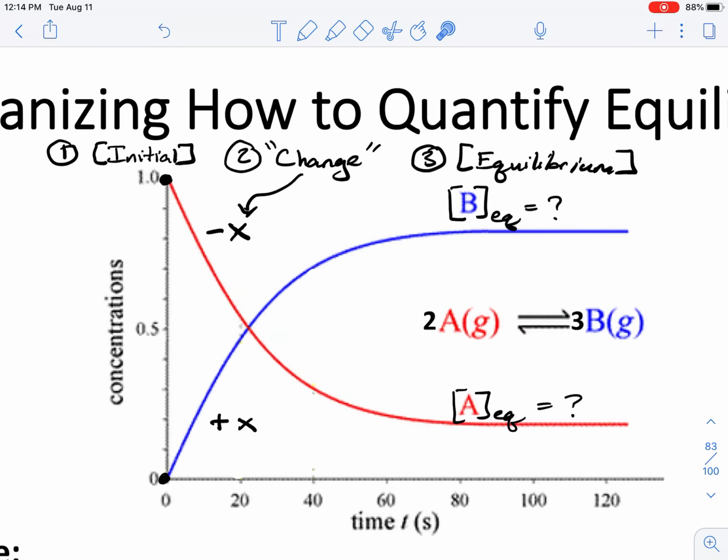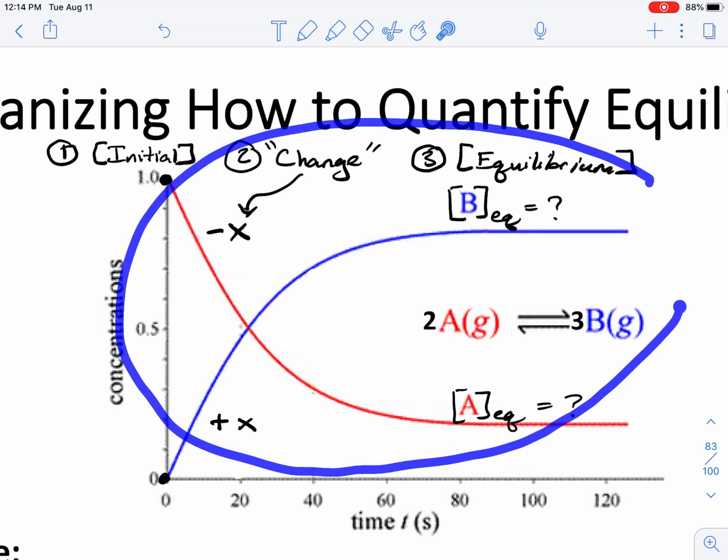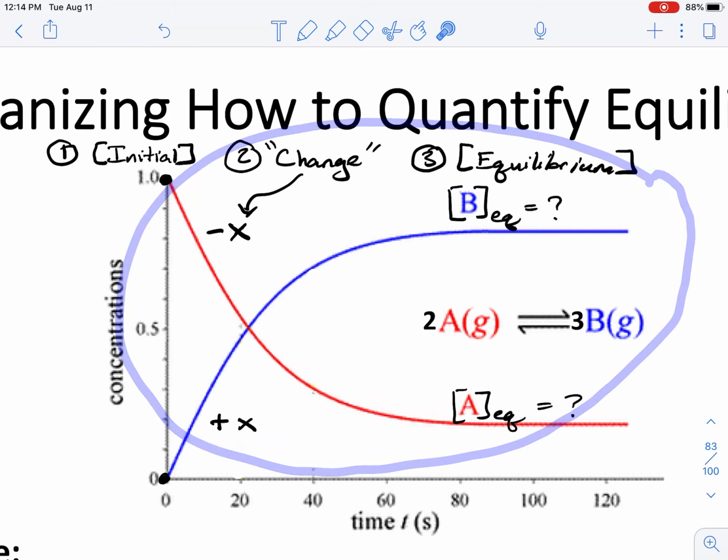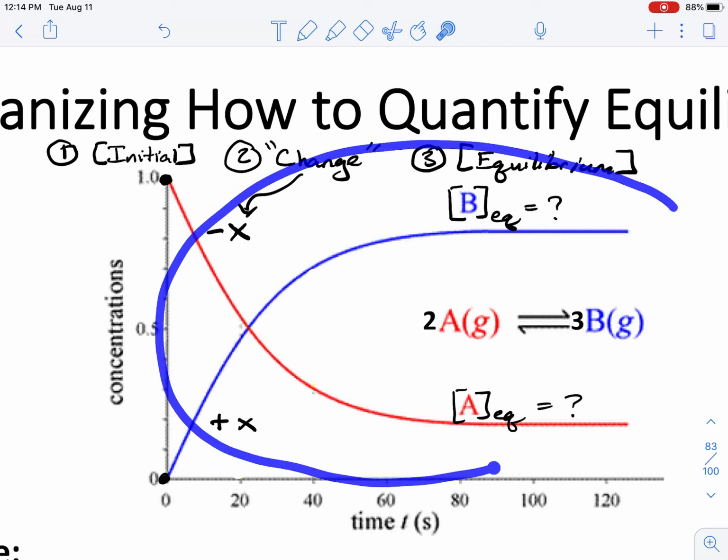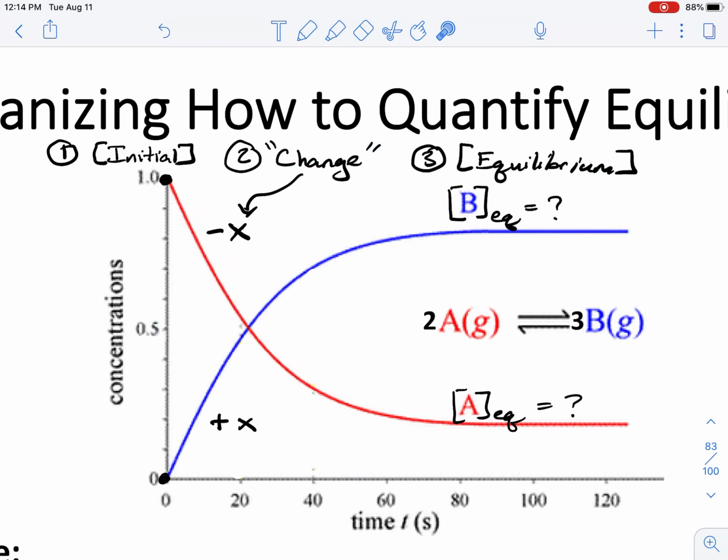And so instead of describing the progress of a chemical reaction graphically, we can still represent this entire reaction progress by creating a table.